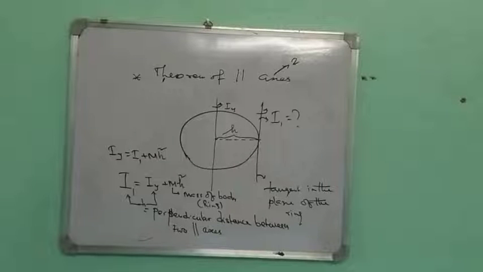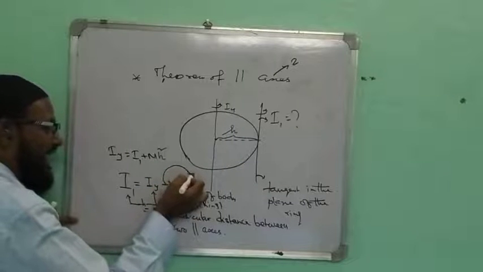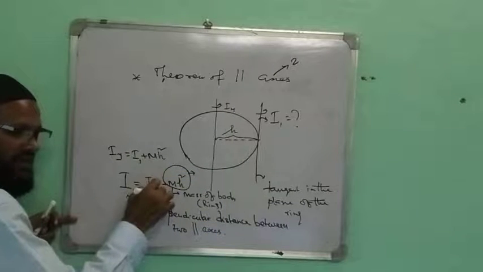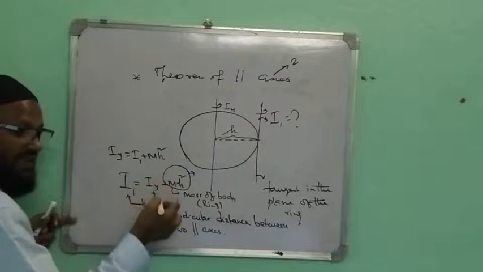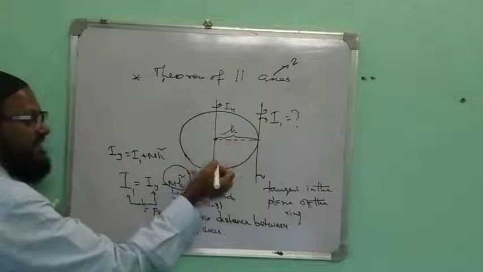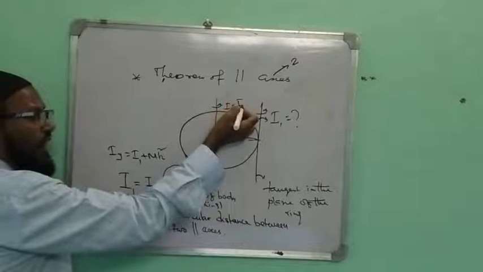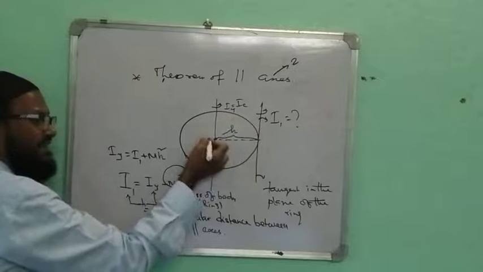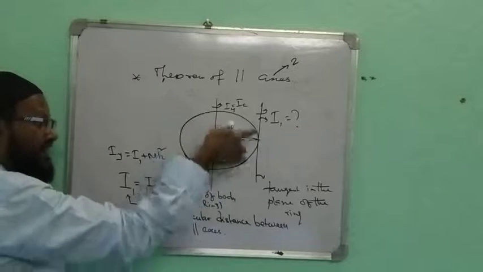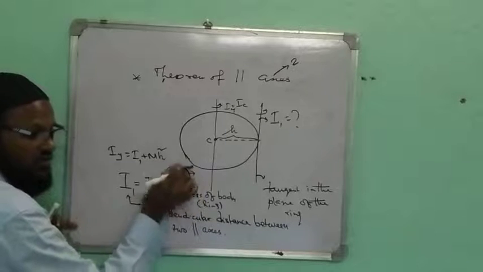No, this is wrong. This portion is added to the I whose axis passes through the center. In this case, this is the center of the body. You can write this as I_Y or as I_C. With this I_C, M H square is to be added.